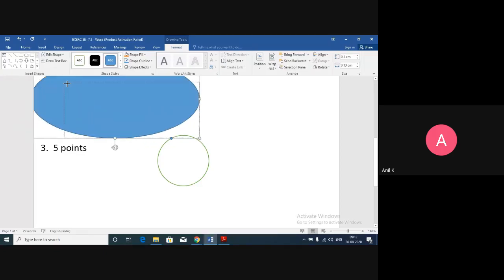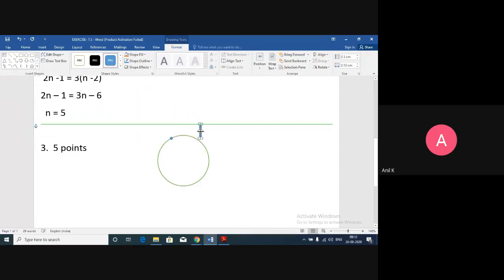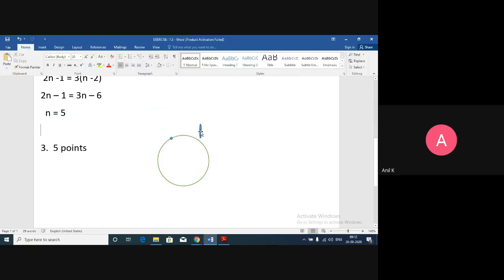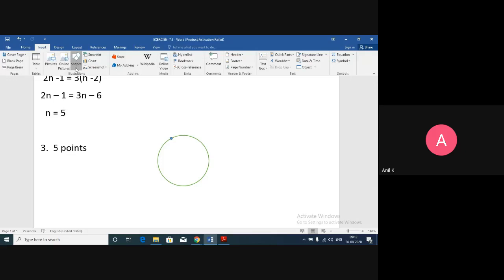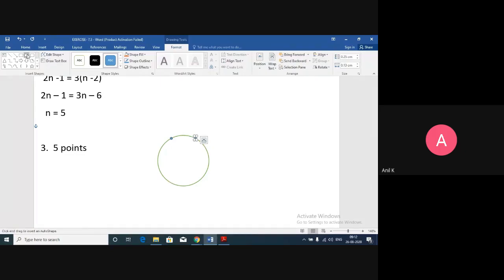This is the second point. Maybe a third point. I'm locating them as I wish. You can keep them anywhere on the circle, it doesn't matter.